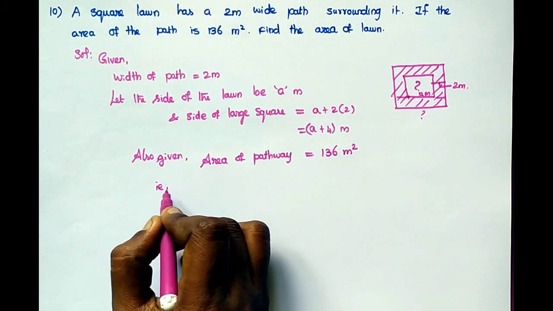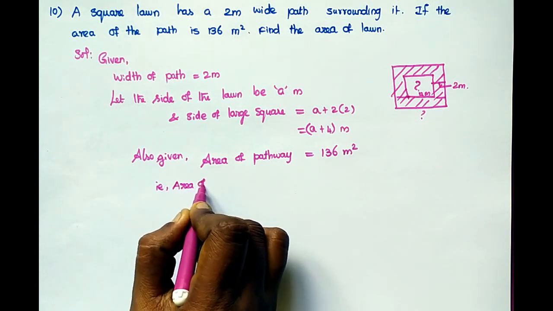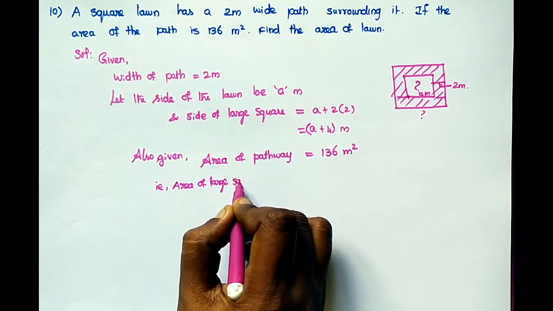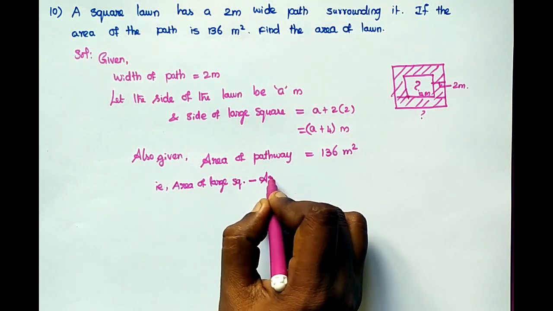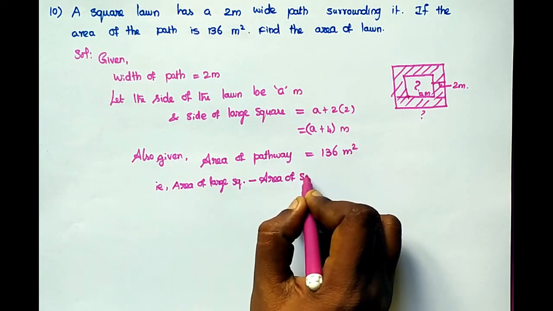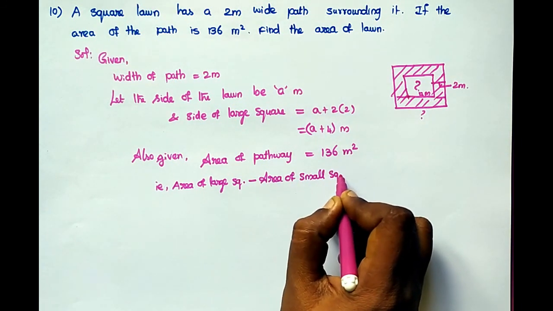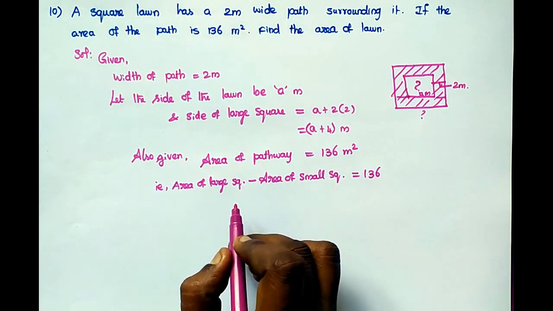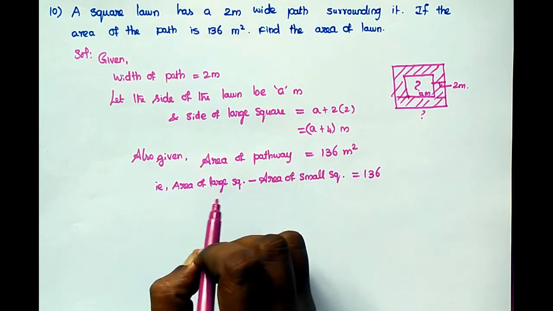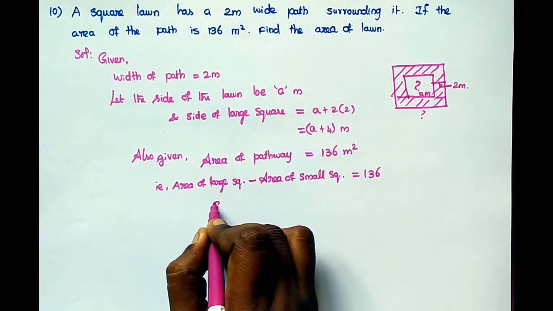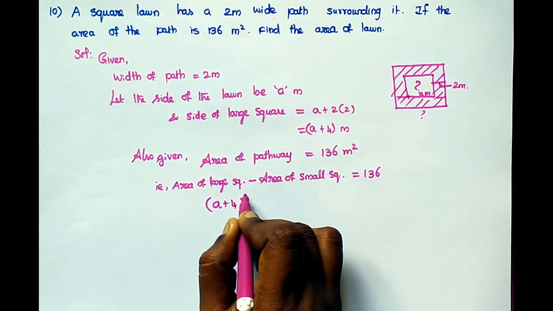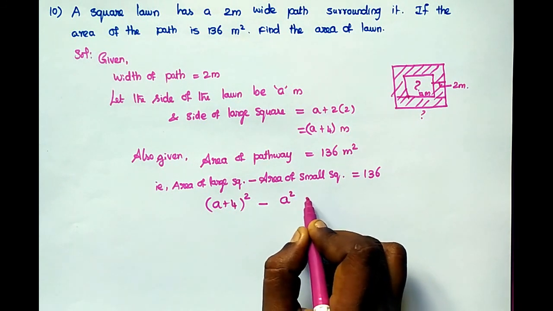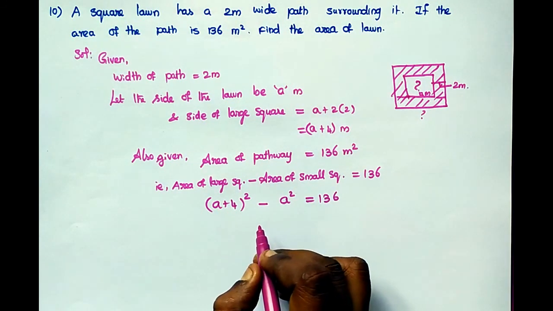That means area of large square minus area of small square equal to 136 meter square. Now area of large square is a plus 4 whole square, minus area of small square, a square, equal to 136.